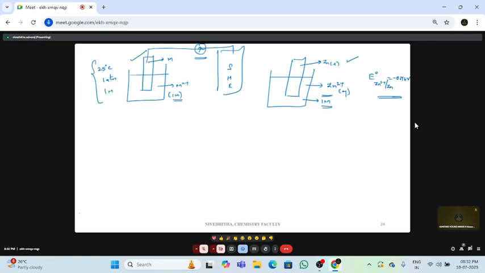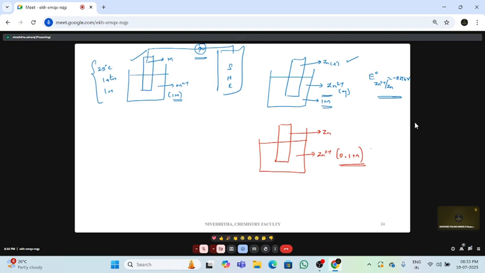But if you dip the zinc rod in zinc sulfate solution of any other concentration, not 1 molarity, for example, 0.1 molarity, then the value will not be minus 0.76. We don't have the standard values of electrode potential for all concentrations, but we can calculate the potential of non-standard condition.